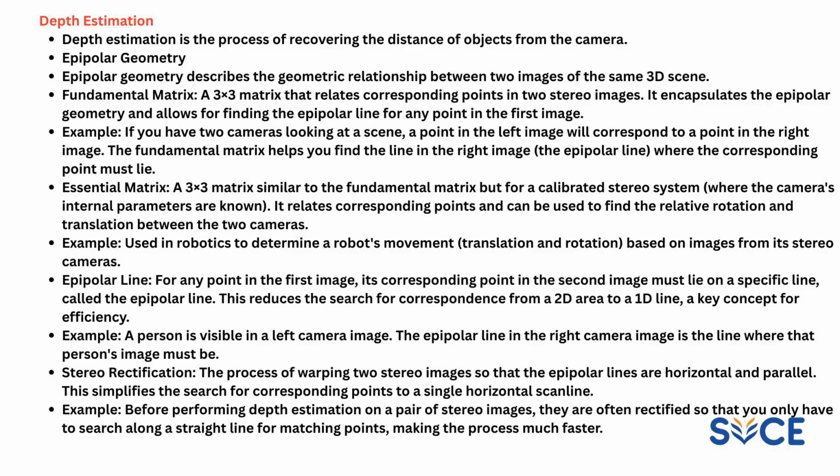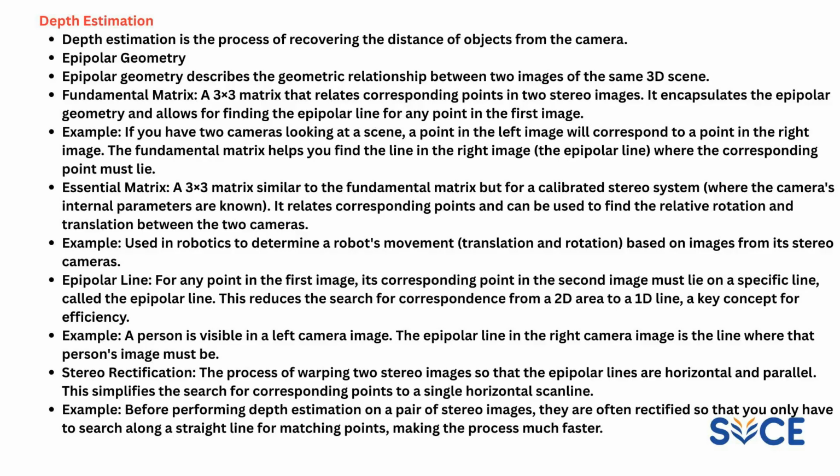It describes the relationship between the two images. The rules of these relationships are baked into something called the fundamental matrix. The fundamental matrix is a 3x3 matrix that connects the points in the left image to the lines in the right image.